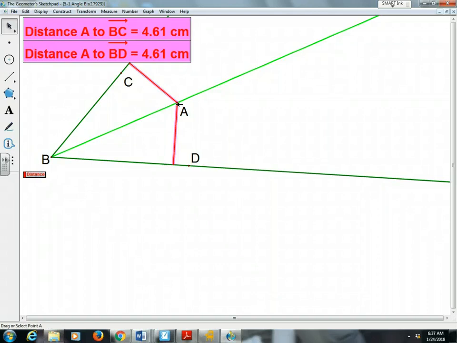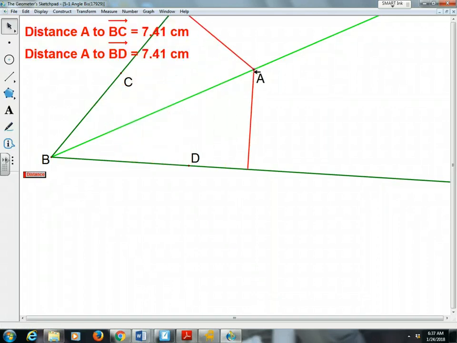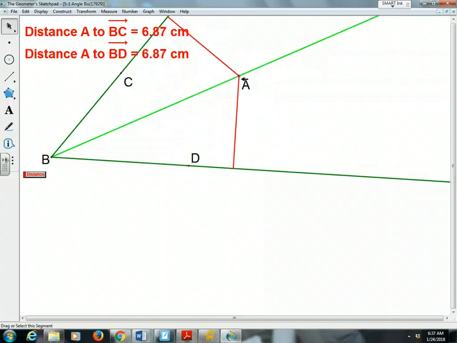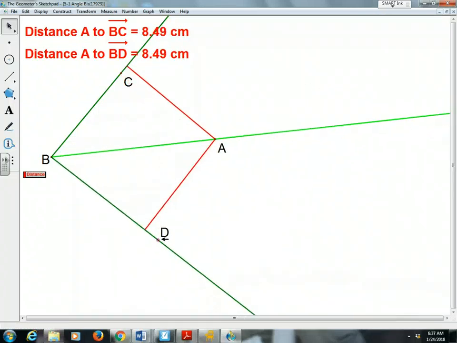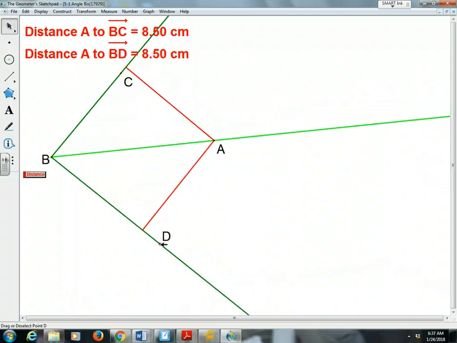Now again, I can move point A along this bisector any way I want to, and it's always going to make congruent segments. Okay? Again, I can also maybe change my angle around a little bit, but as you can see, as long as BA is a bisector, then if A is on that bisector, it's always going to be a congruent distance, or equidistant, away from both sides of the angle.